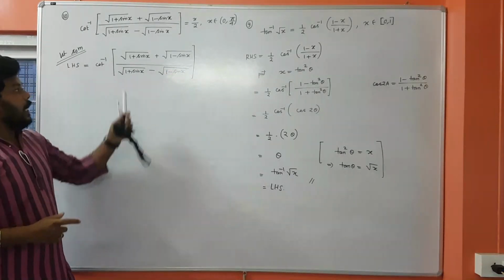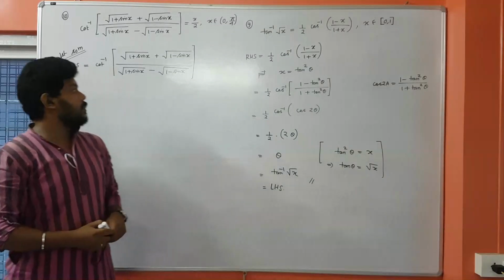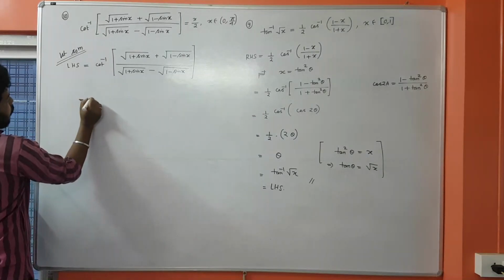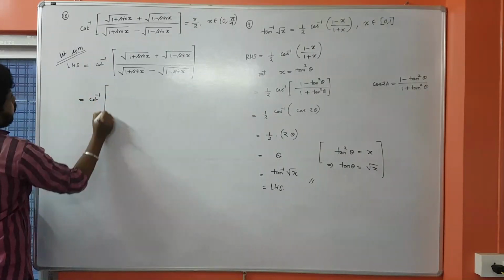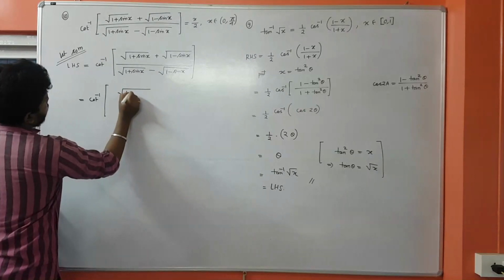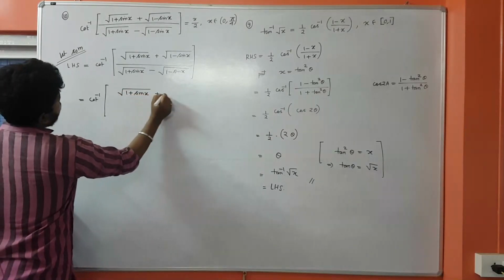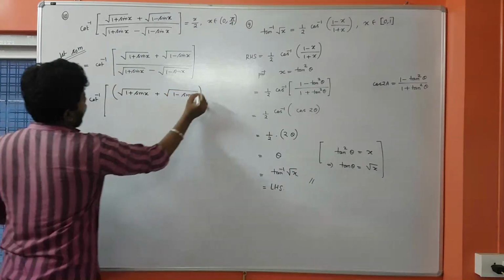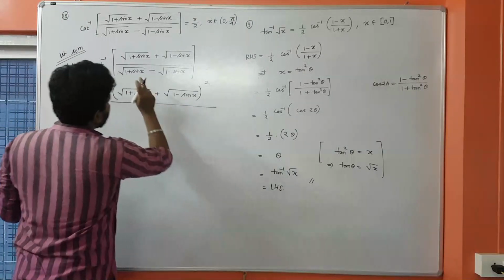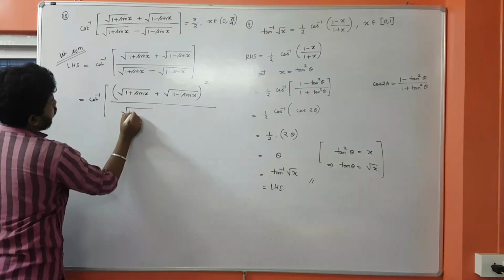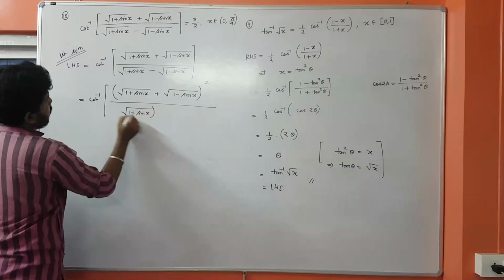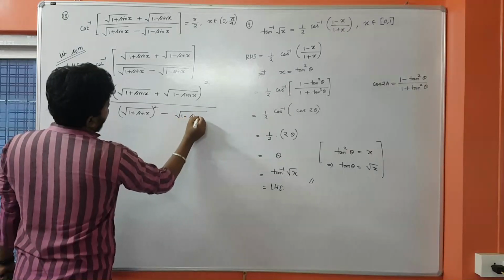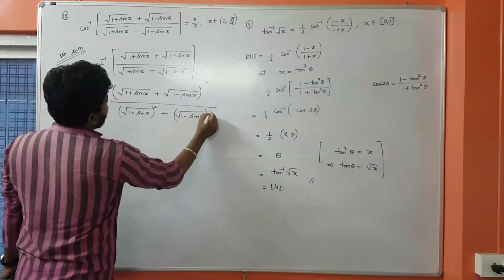Now, if I rationalize this, we will get cot inverse of (root of 1 plus sin x plus root of 1 minus sin x) whole square, and this is (square root of 1 plus sin x) whole square minus (square root of 1 minus sin x) whole square.